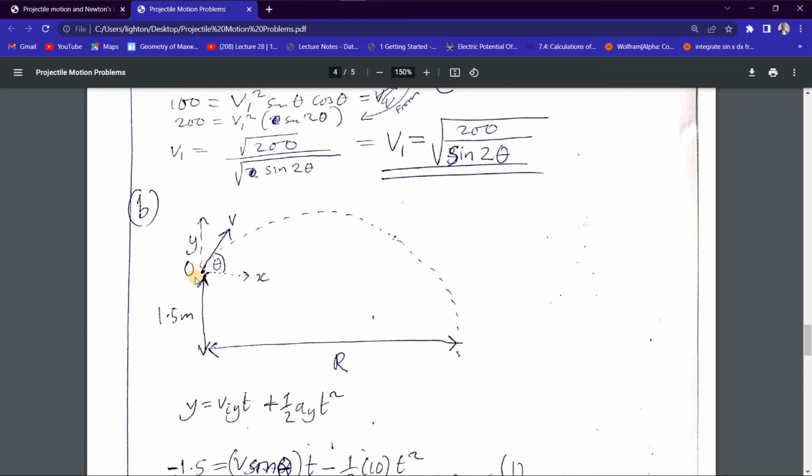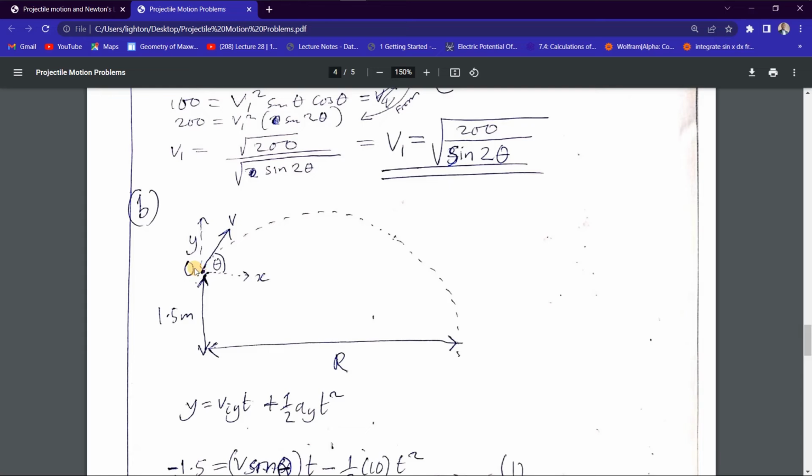Okay, so this origin, since it's above this 1.5 meters, and looking at our coordinate system, we've taken up as positive, right as positive. This means that this displacement from the origin going down will be negative, since we've chosen up as positive. So you should also always choose this when you're looking at the origin.